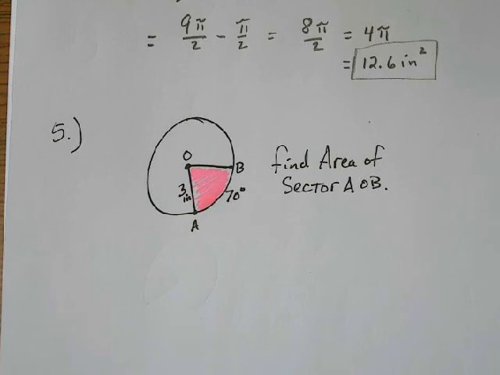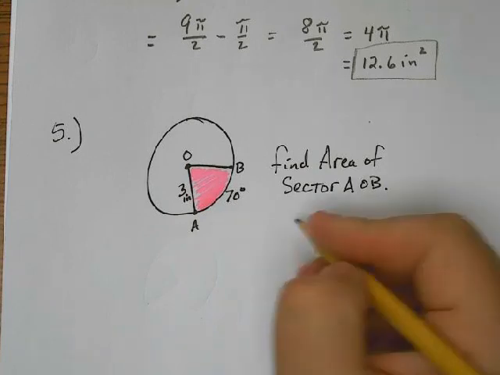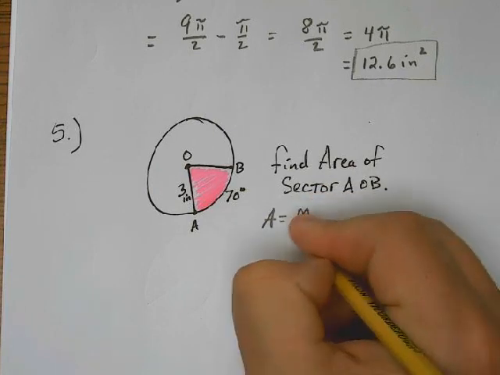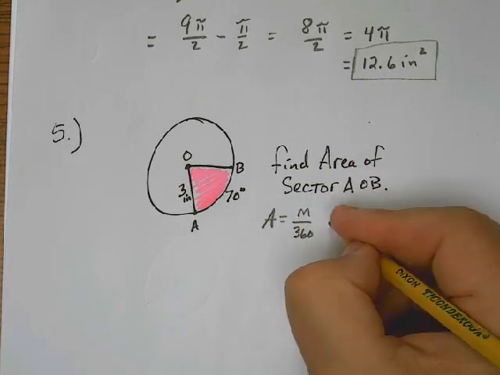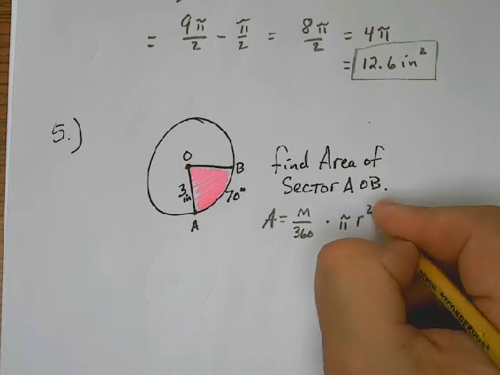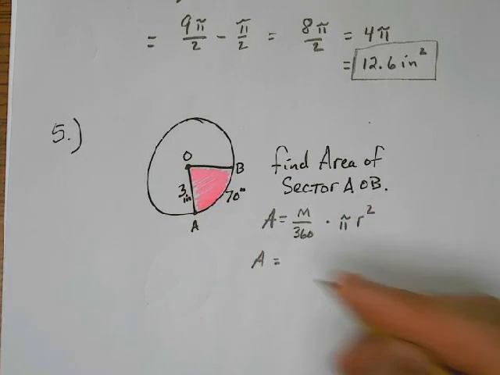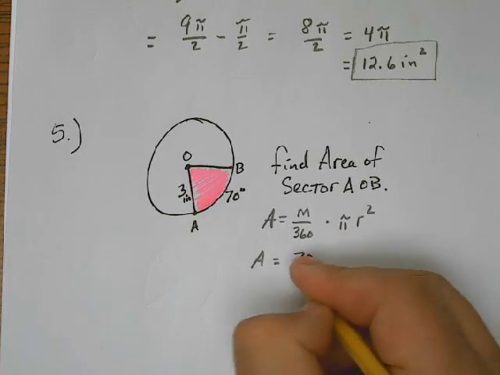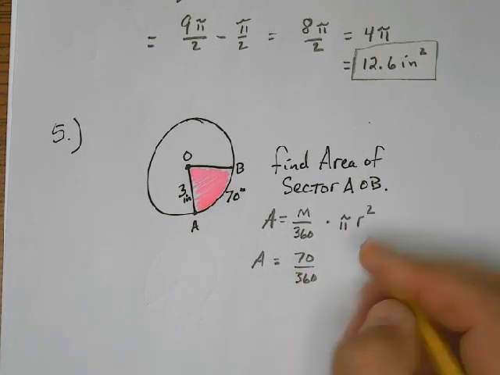Yep. Okay, let's see. So we know that the area formula is m over 360 times pi r squared. So we go area is equal to 70 over 360. I didn't tell you to round it, did I?